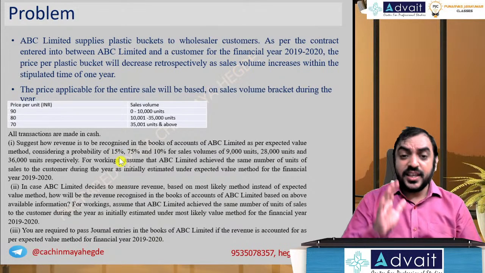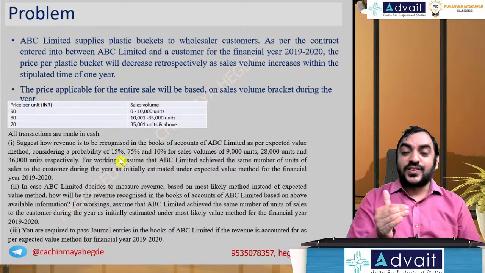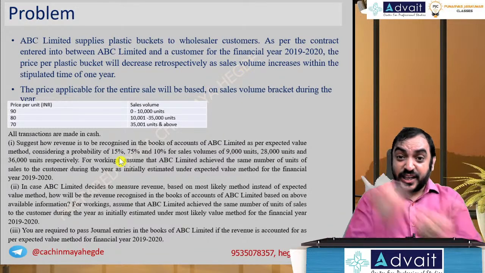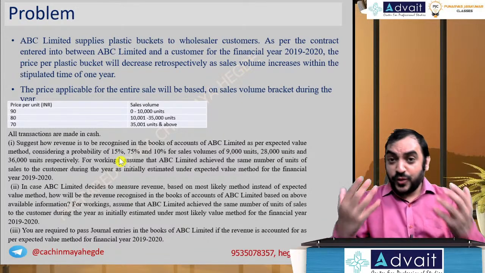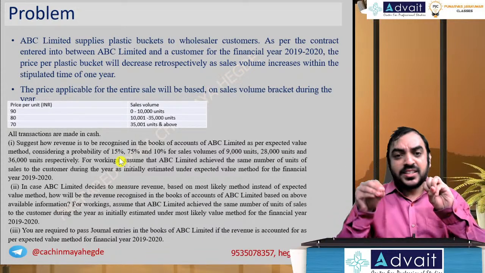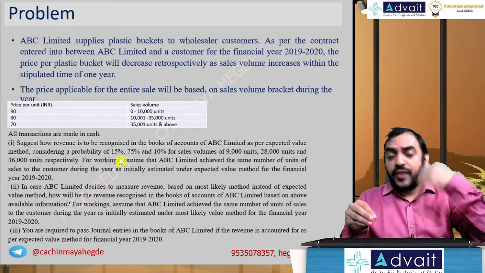So basically, when you buy more, you will get a lower price, and not only with prospective effect, it is retrospective effect, which means suppose you buy 10 buckets, you get them at a certain price. Later you buy one more bucket or five more buckets.